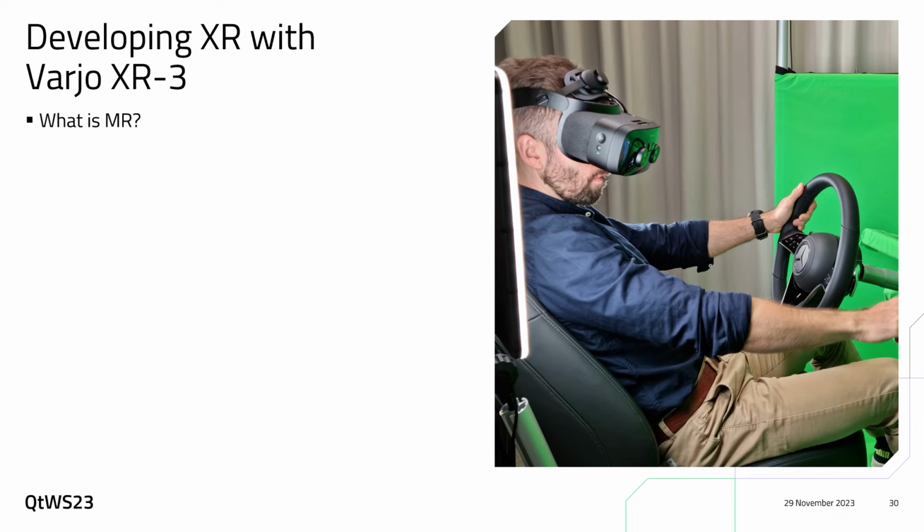So if you are wondering what mixed reality is all about, then let me break it down for you. Mixed reality is all about merging the virtual content with the real world in an interactive way. So you see virtual elements appearing as a natural part of the real world. Now, to create the most convincing and believable scenarios, we needed to choose an advanced headset with the highest possible image quality.